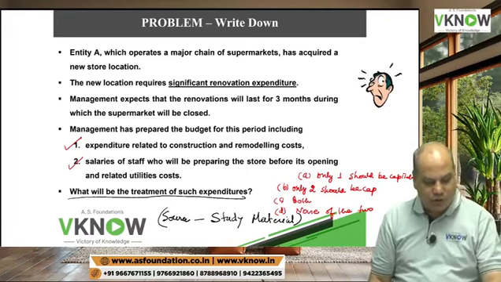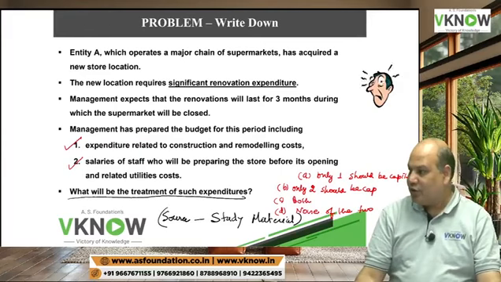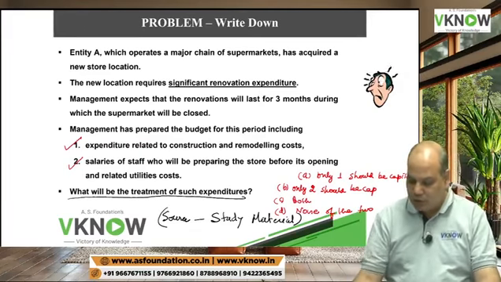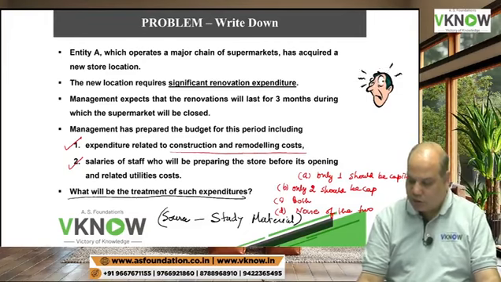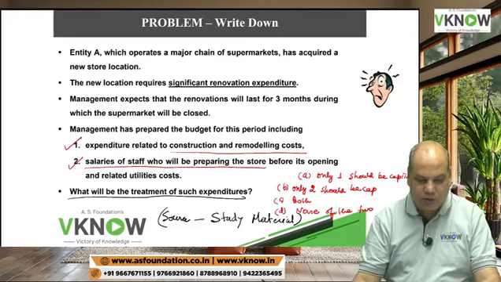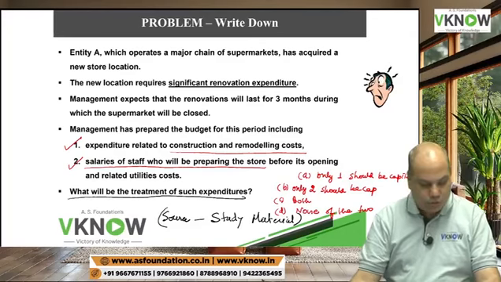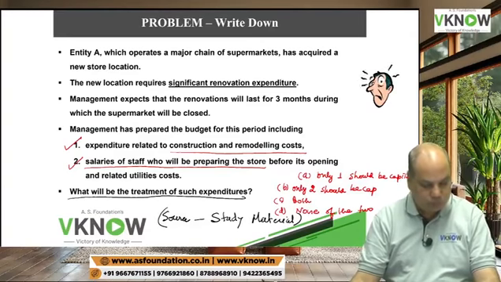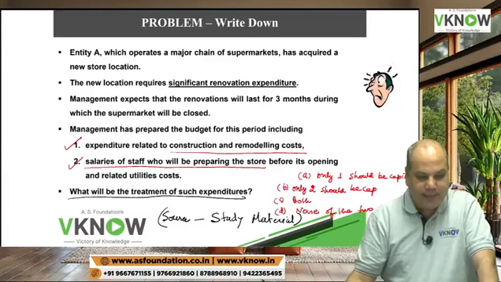All other students will also answer. So everybody apply your mind whether I need to capitalize construction and remodeling cost or salary of staff who will be preparing the store, or both, or none? What is your answer?